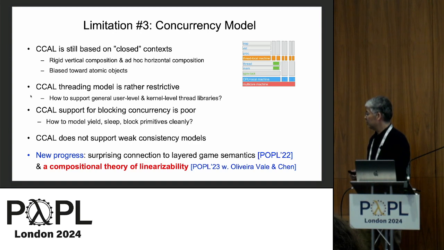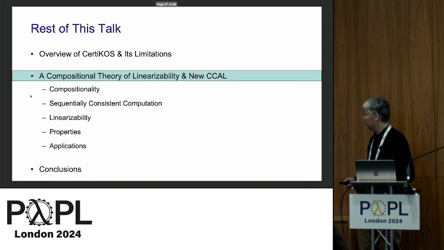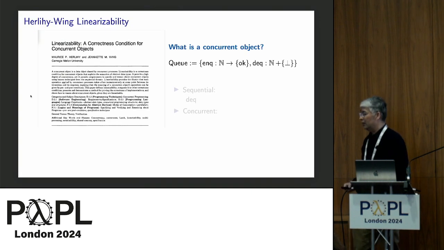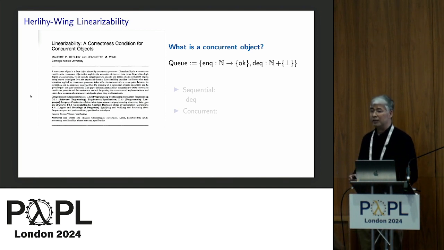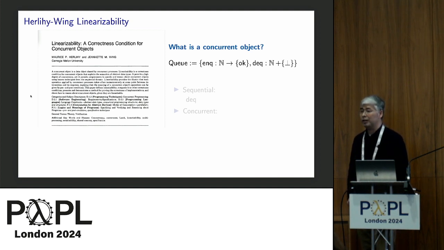Last year at POPL, we had a paper on the compositional theory of linearizability, which is what I want to talk about in the rest of today's talk. Linearizability is something invented by practitioners. Maurice Herlihy, of course, is a theoretician as well in distributed theory, but he's not from the PL world. Linearizability is defined as a correctness criterion for shared memory concurrent objects.